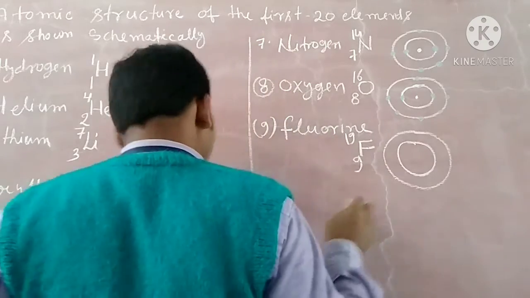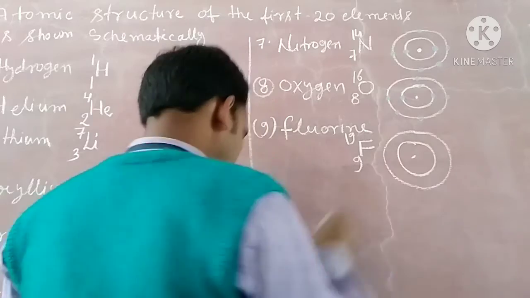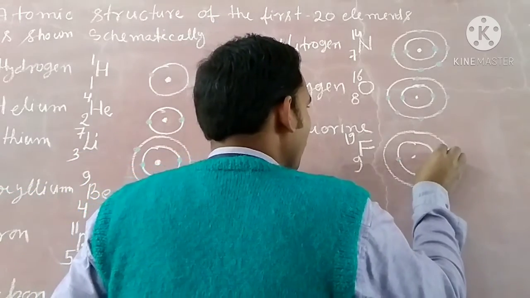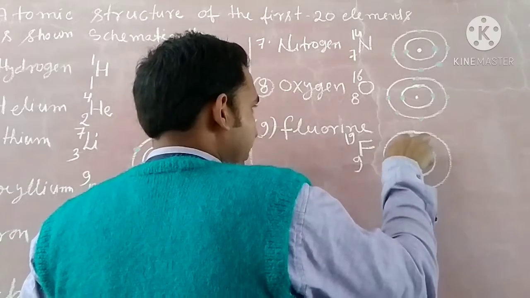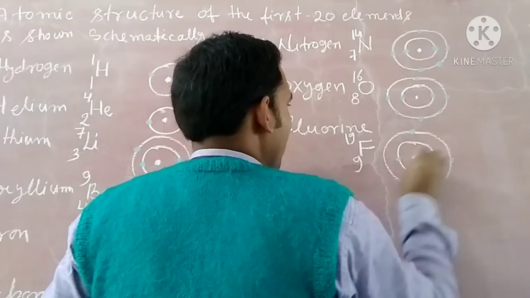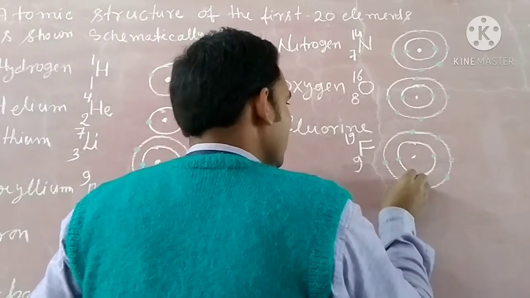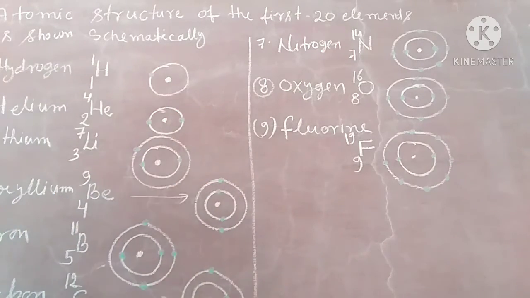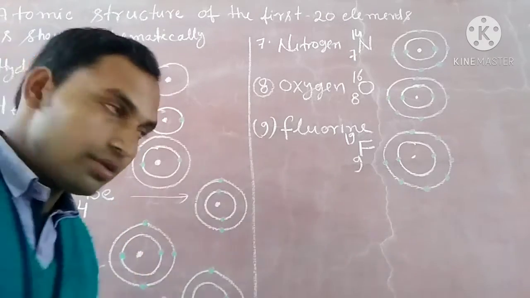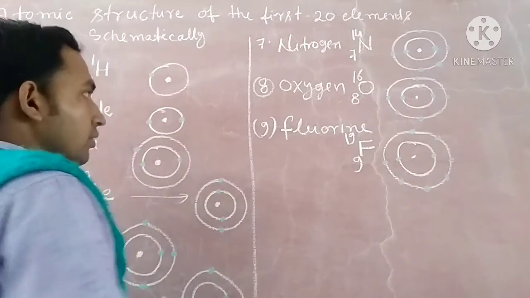The second cell has how many electrons? 7 electrons. So you put 1 electron, 2 electrons, and the remaining electrons 7: 1, 2, 3, 4, 5, 6, 7. You see here the number of electrons, 10.